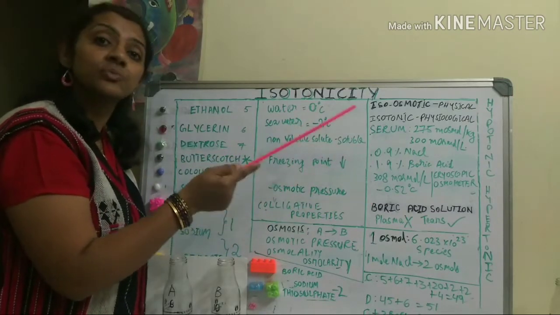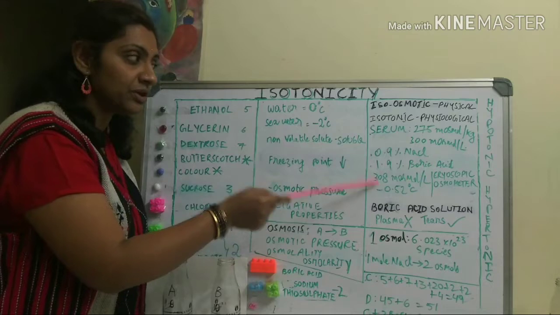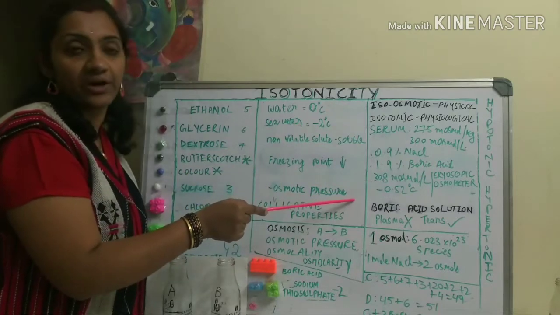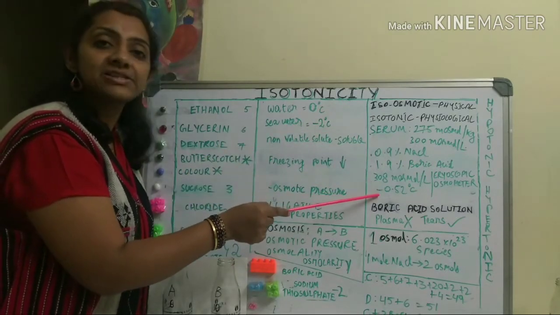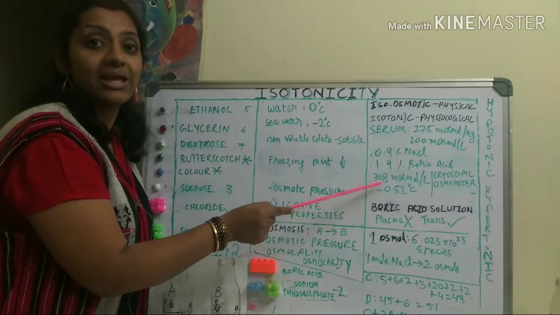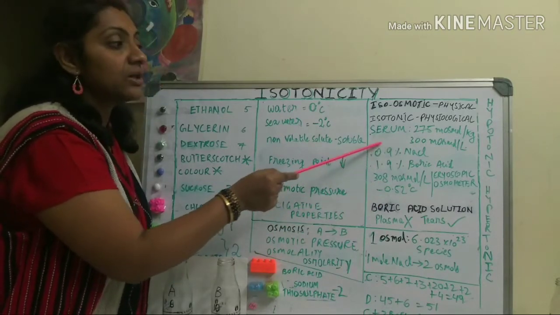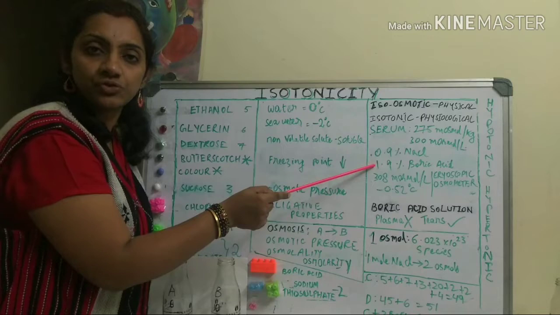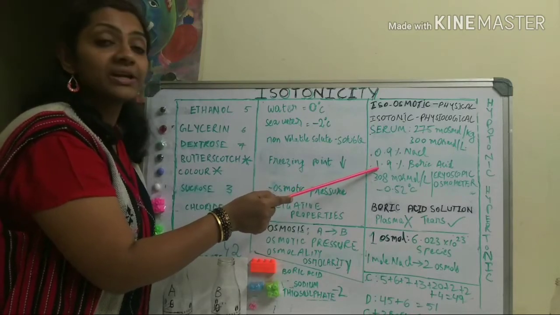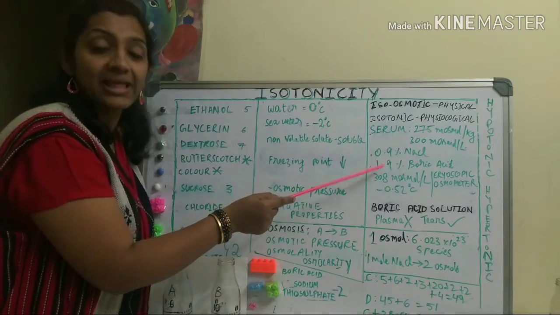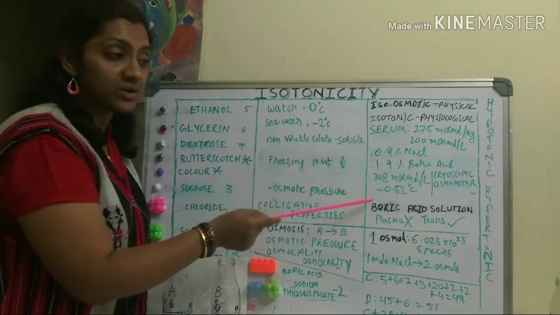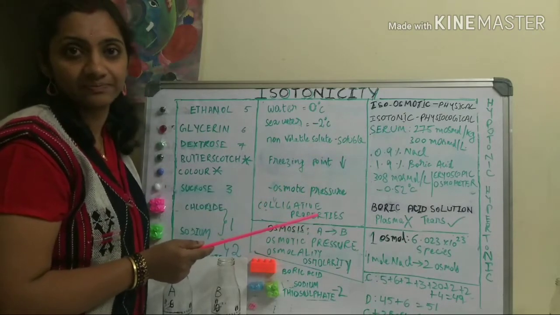But plasma has so many entities that they are contributing to a lowering of the freezing point from 0 to minus 0.52 degrees. And here the fluids, 0.9% sodium chloride, 1.9% boric acid, they are isoosmotic with plasma. You get it?